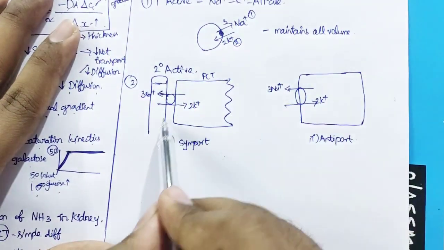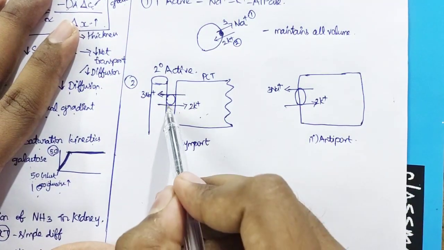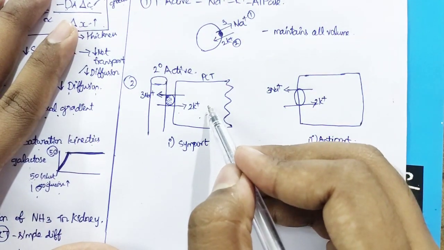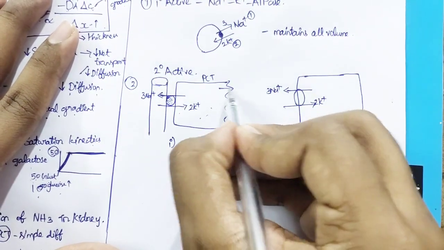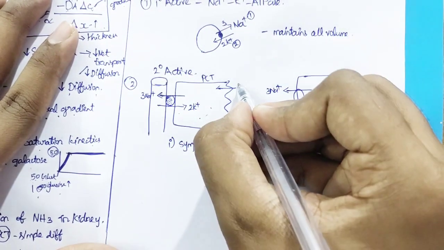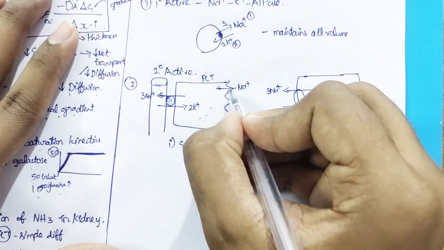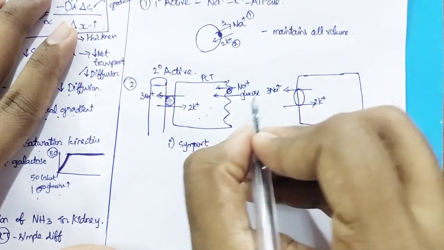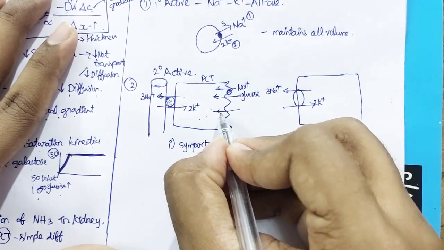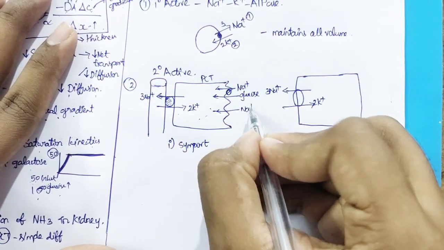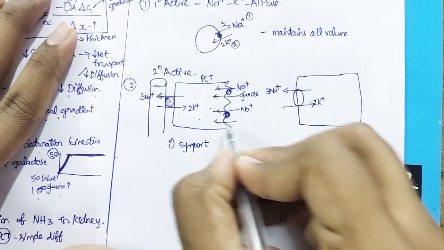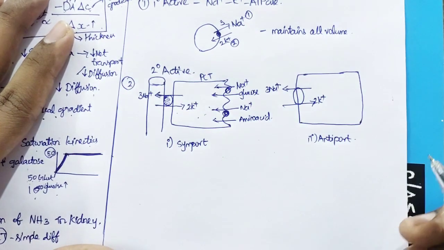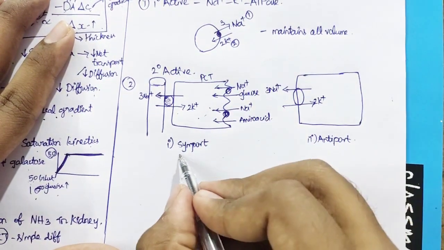When there is an electrochemical gradient created here after the activation of sodium potassium ATPase, this electrochemical gradient can be overcome by the symport of sodium glucose, or also sodium amino acid. Yes, this is symport.